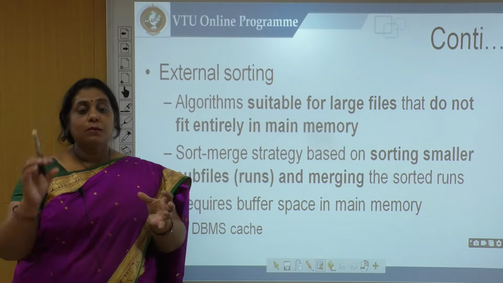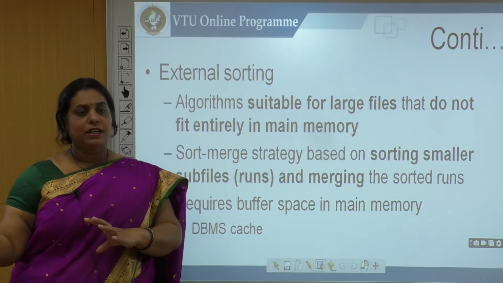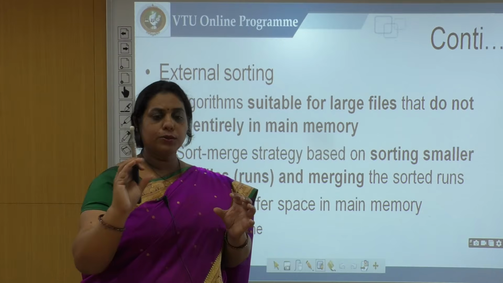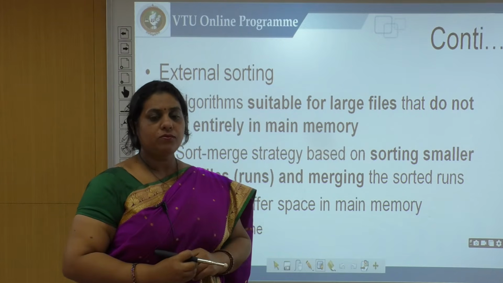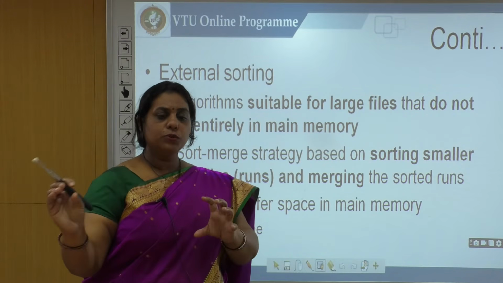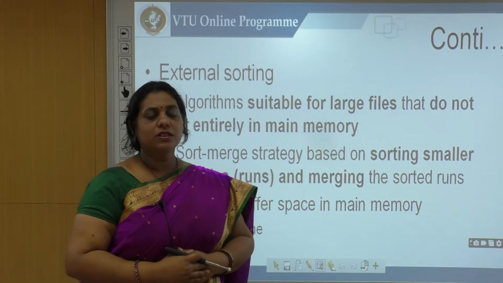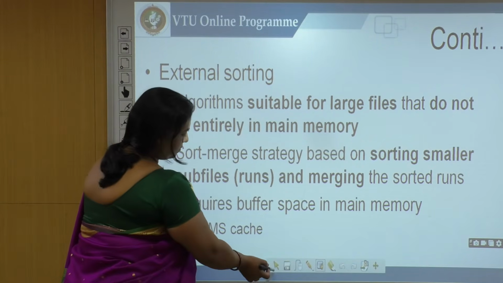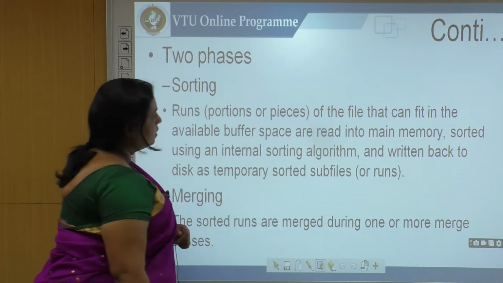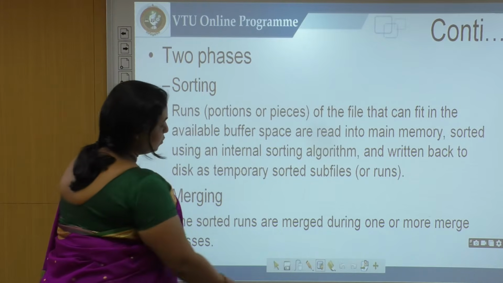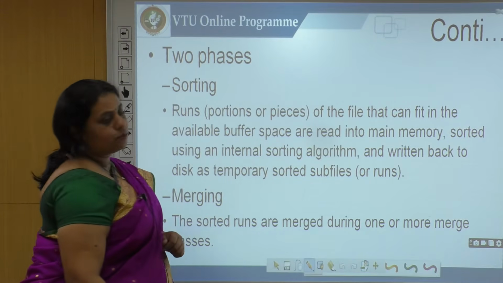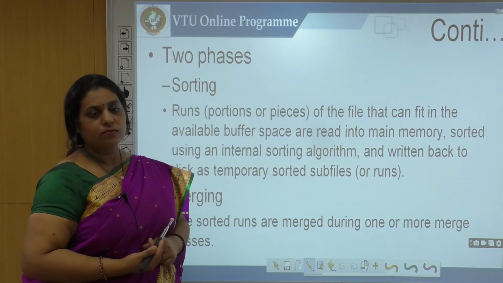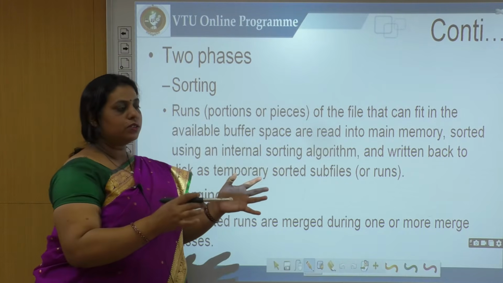But since I am unable to fit them at once, what I will do is split the whole file into smaller units. I sort them individually, then I club the sorted results. We will see the two phases now. Let us assume that I have 1000 rows to be sorted, and there is not sufficient space in main memory to store all 1000 rows at once.